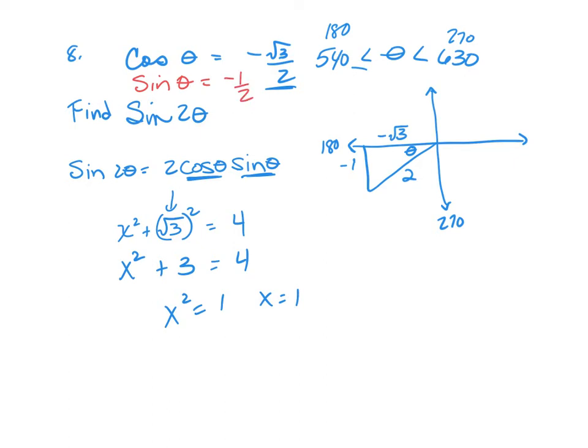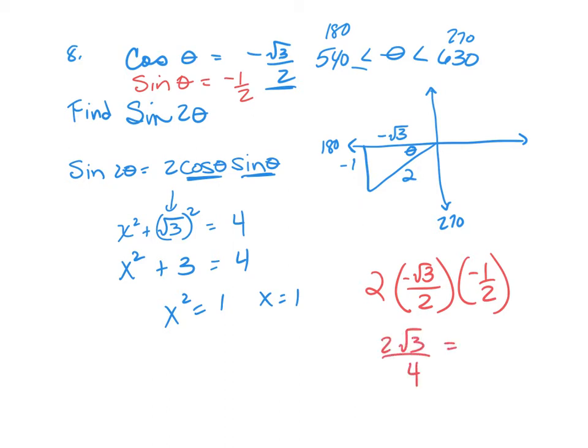All right, so now we have 2 times cosine of theta, which is negative root 3 over 2, times sine of theta, which is negative 1/2, and that's going to be 2 root 3 over 4, which is root 3 over 2, positive.